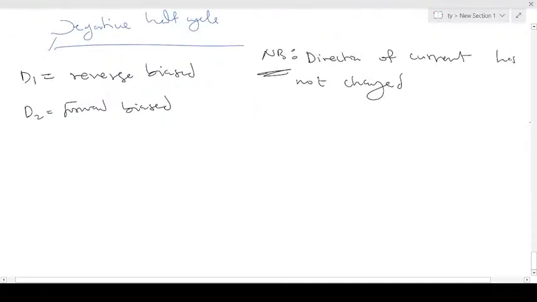The only thing that has changed is the polarity of the secondary voltage.